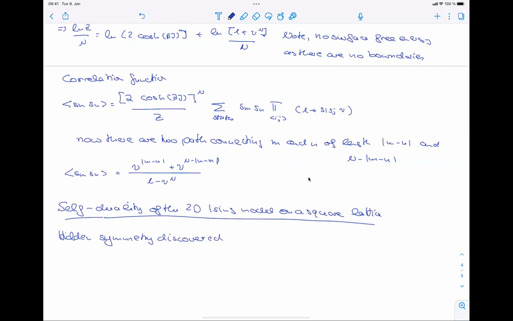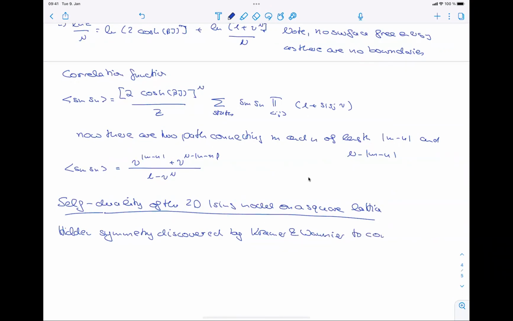discovered by Kramers and Wannier to connect high and low temperature series expansion.